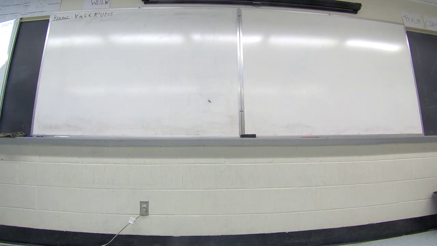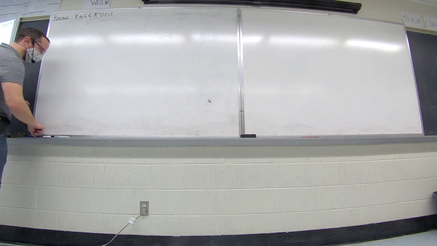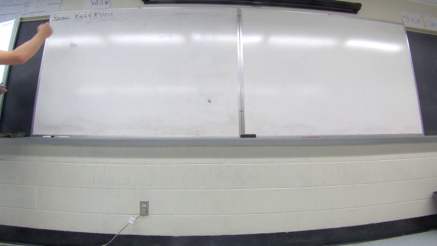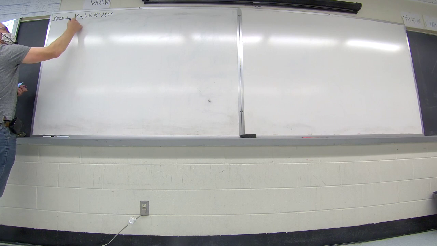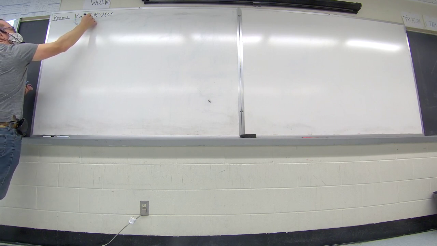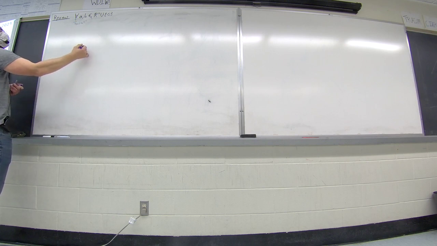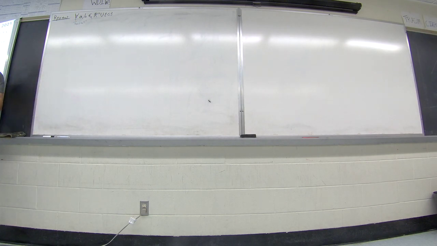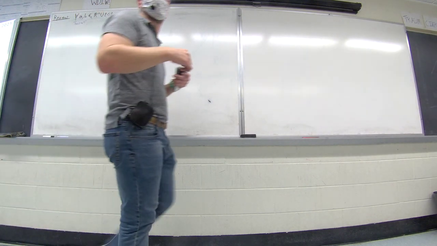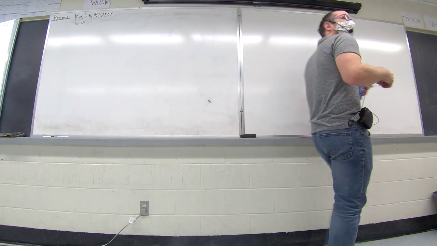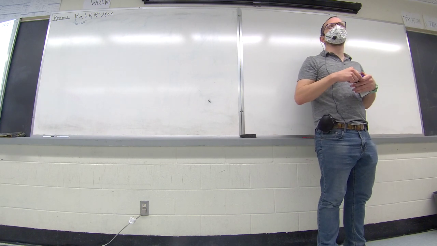Partly, I just want to throw up some fun symbols for everyone to ooh and ah over. Does anybody remember what that symbol means? We've done this one before. I've written it up there. Anybody remember what that means?